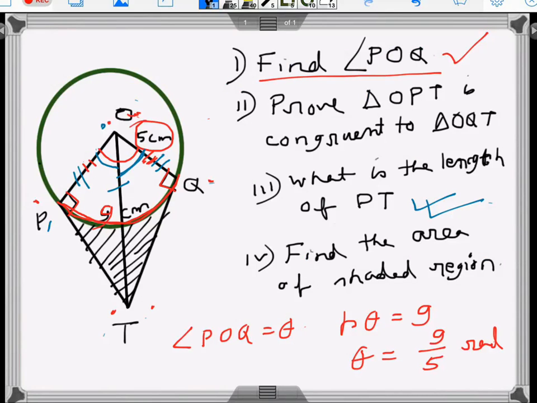Now the last part: find the area of the shaded region. This shaded region's area is needed. So what can be done?